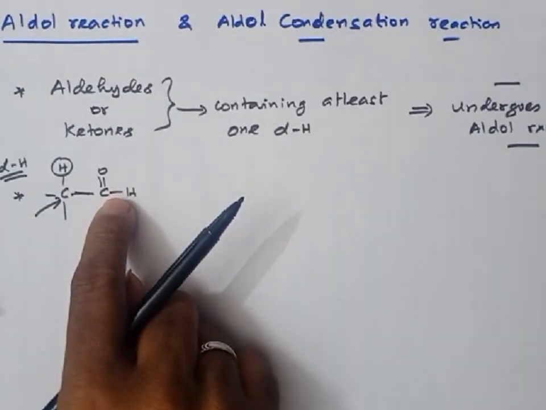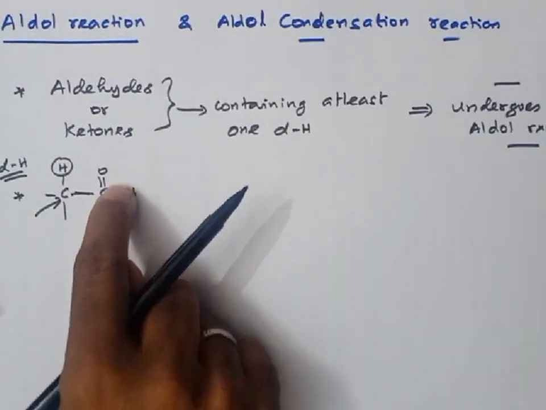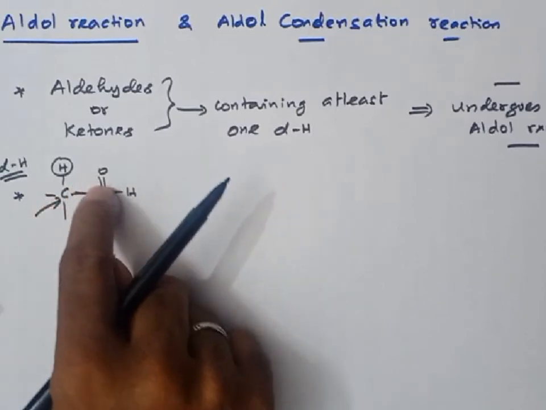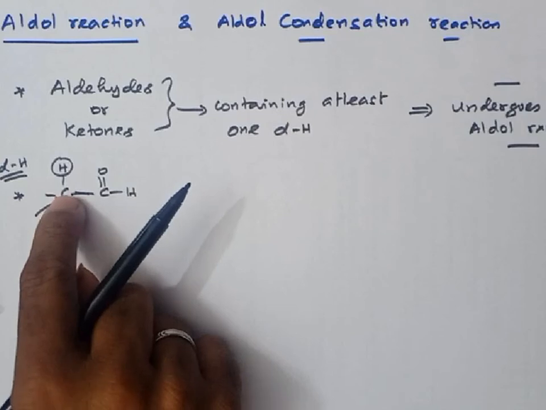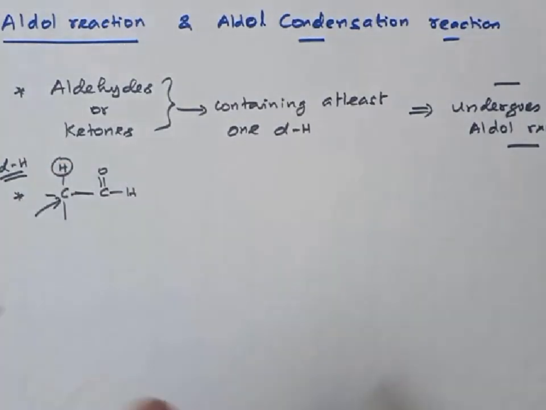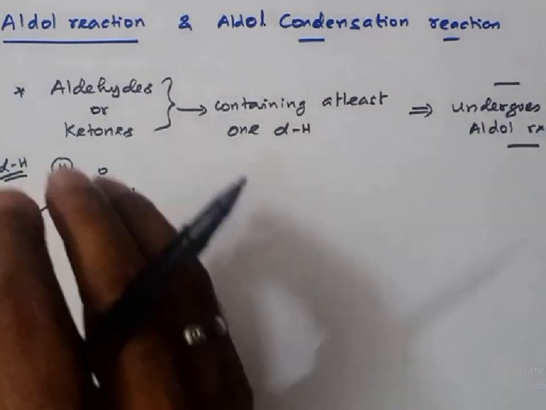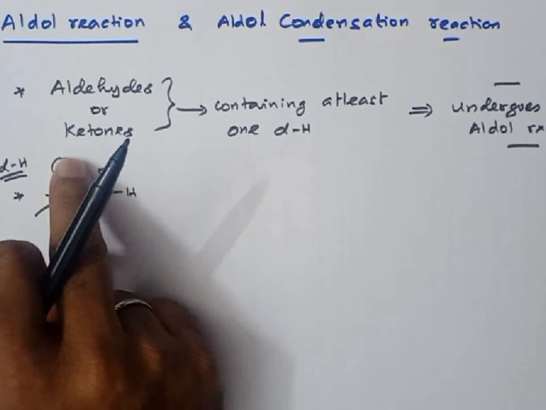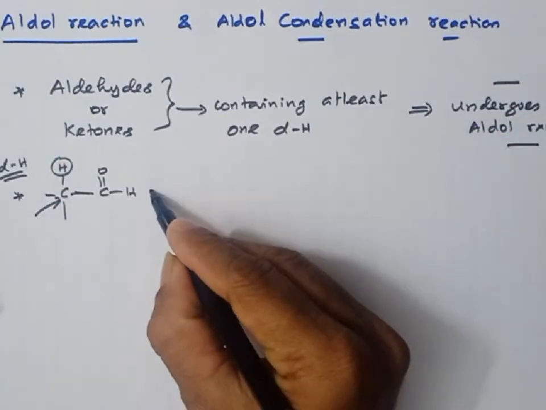If you have an aldehyde, the aldehyde group is attached to a carbon, and that carbon is the alpha carbon. If this carbon contains at least one hydrogen, it is called alpha hydrogen. If your aldehyde has alpha hydrogen, it will undergo Aldol condensation reaction.